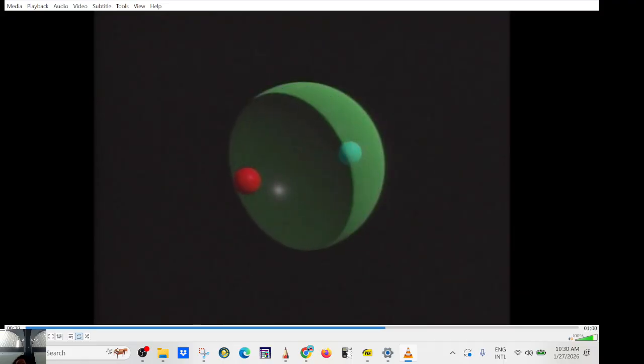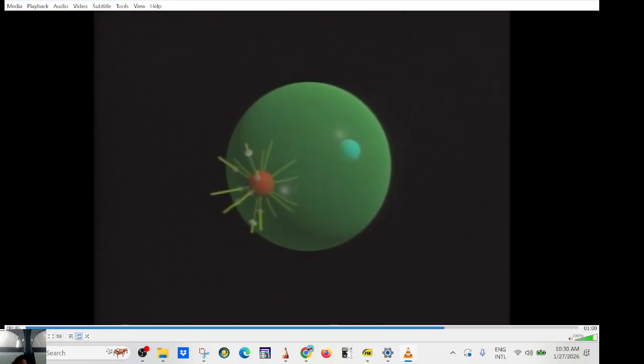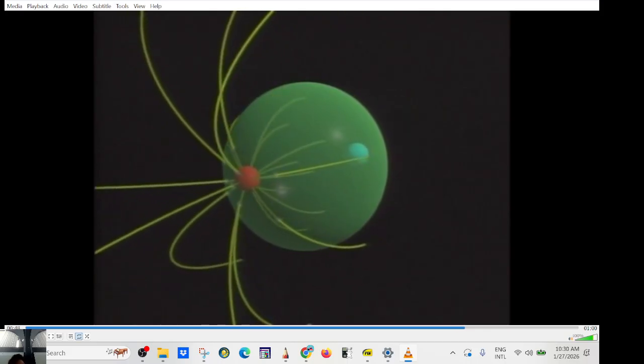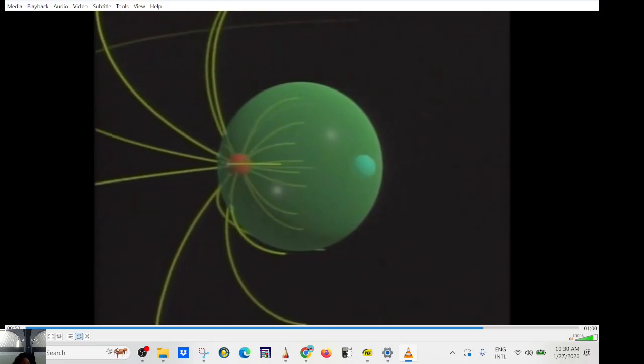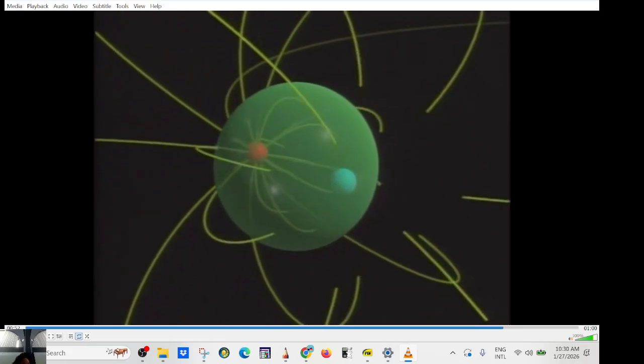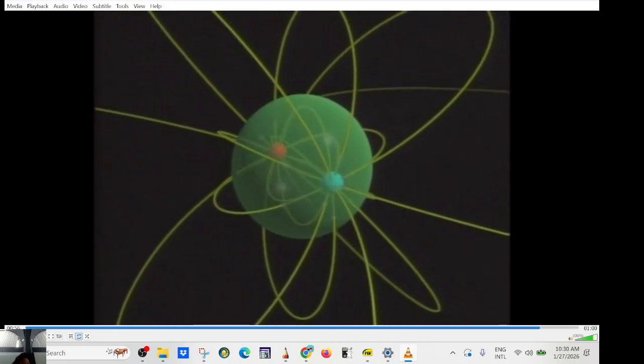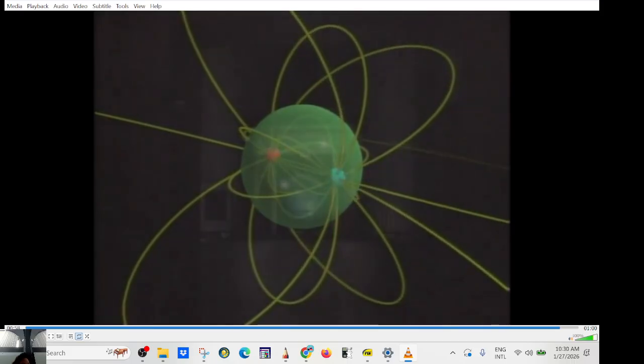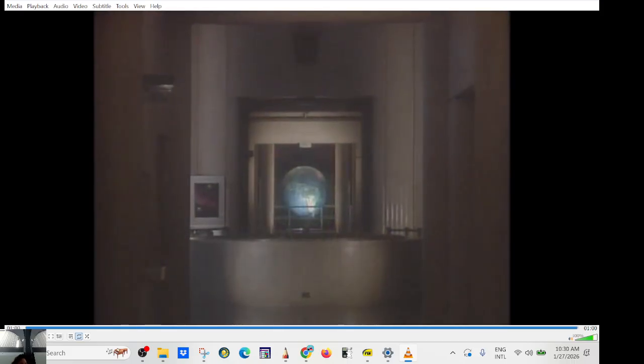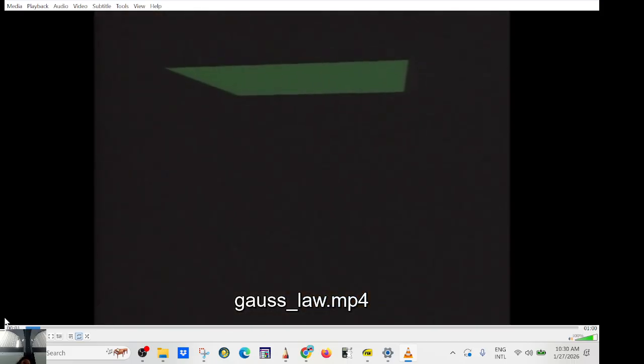If there's no net charge inside a surface, any positive flux outward through it must be balanced by an equal amount of negative flux. Okay, so you get the idea.